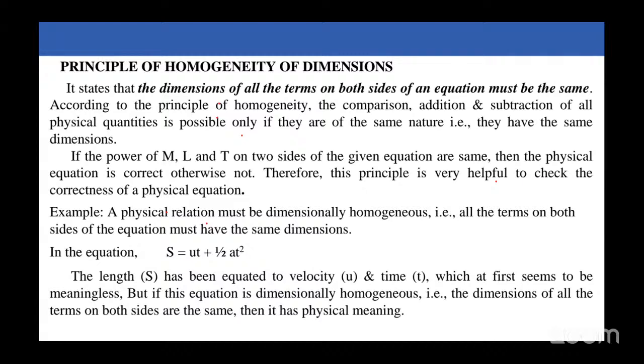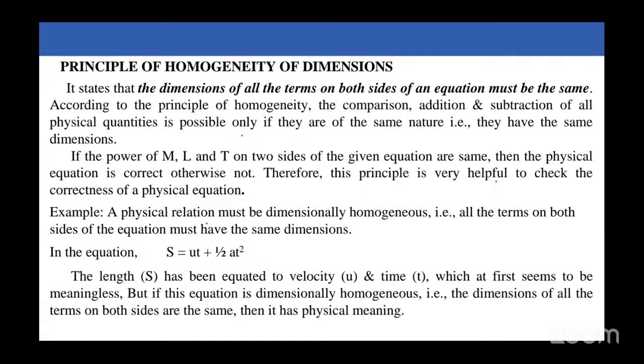So let's look at the example there. A physical relation must be dimensionally homogeneous. All the terms on both sides of the equation must have the same dimension. In the equation, S is equal to UT plus half AT squared. Now, in this equation, you notice that S is on the left, and on the right, UT plus half AT squared.